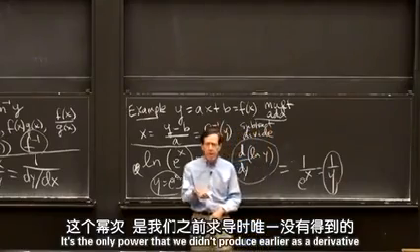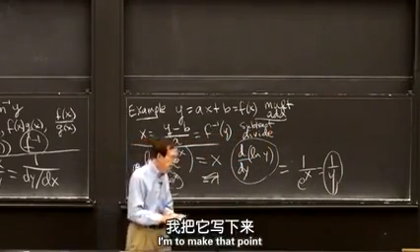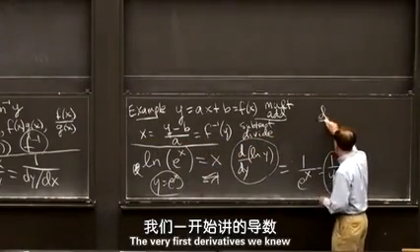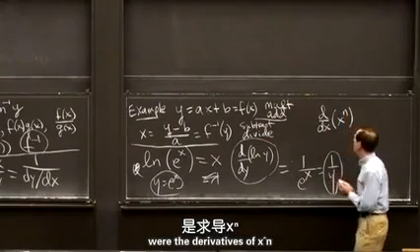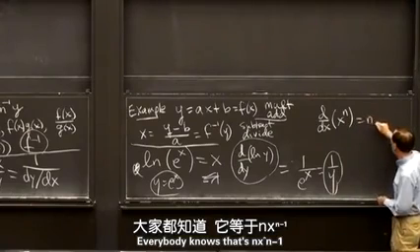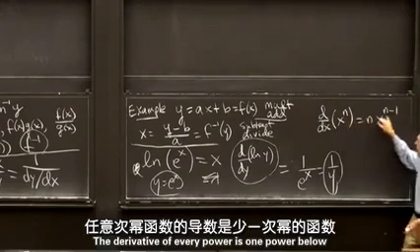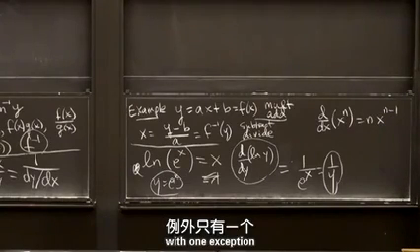It's the only power that we didn't produce earlier as a derivative. I have to make that point. You remember the very first derivatives we knew were the derivatives of x to the n, powers of x. Everybody knows that that's n times x to the n minus 1. The derivative of every power is 1 power below. With one exception.